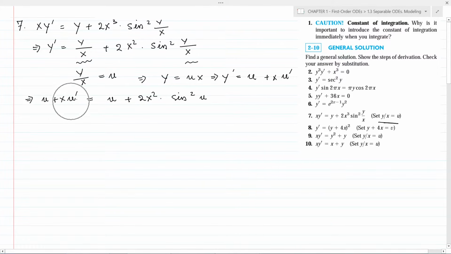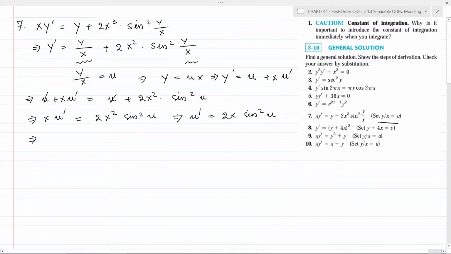Now we rearrange this equation and we get x u dash is equal to 2x square sine square u, because the u terms cancel from the left and the right hand side, and this implies u dash is equal to 2x sine square u.